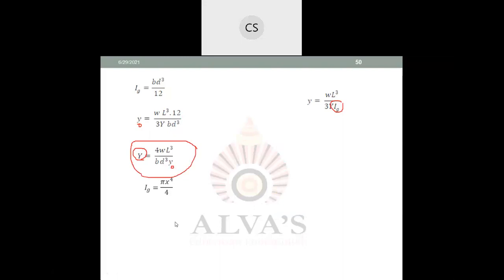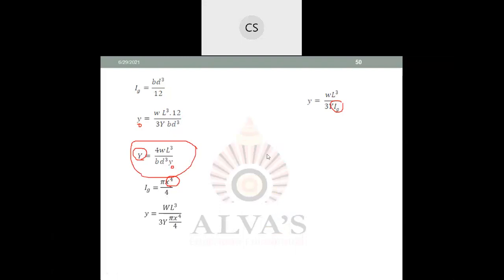If it is circular cross section, what is the geometrical moment? If it is circular, Ig is equal to pi x to the power 4 divided by 4, where x is the radius of the beam.